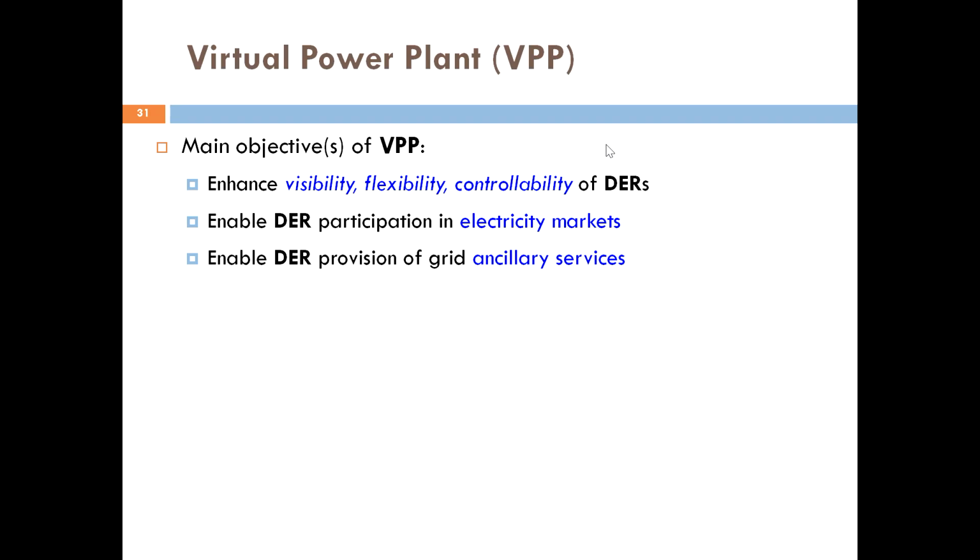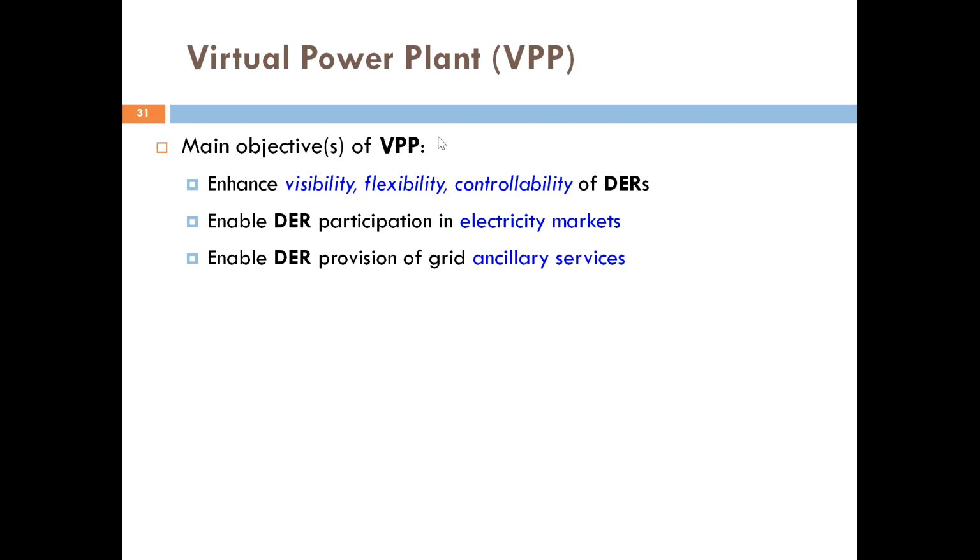So most distributed energy resources lack controllability on their own. And by aggregating a variety of distributed energy resources, each of which has its own unique characteristics, we can actually improve the controllability and flexibility of these systems when they are aggregated together.